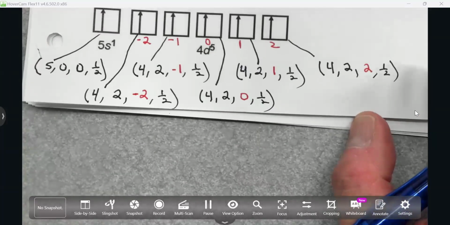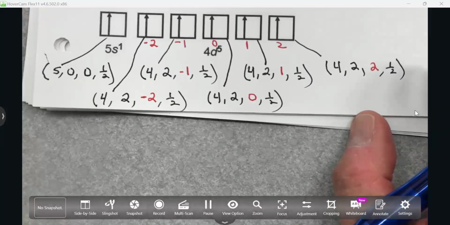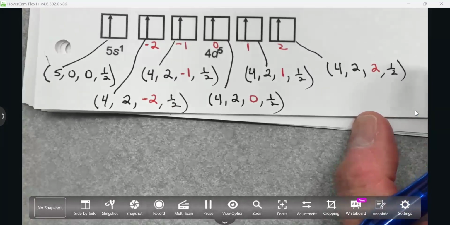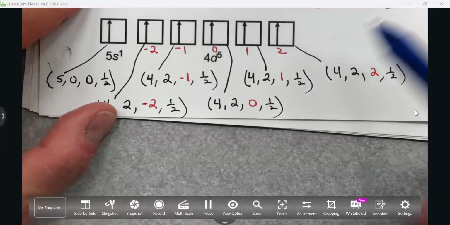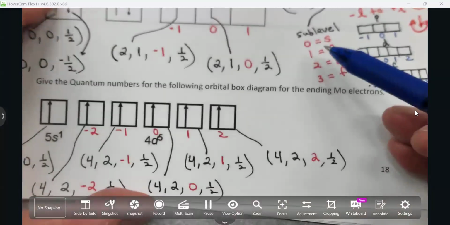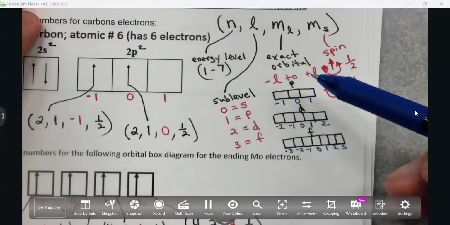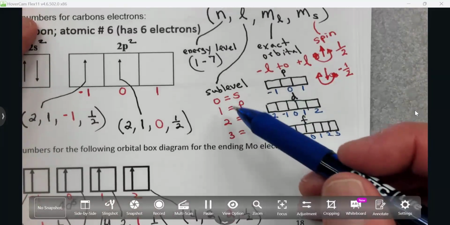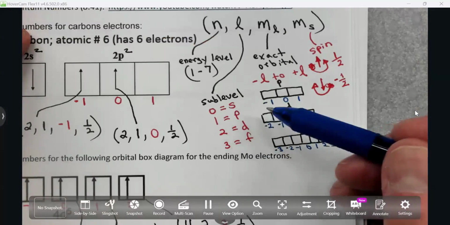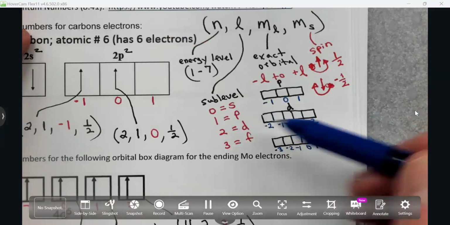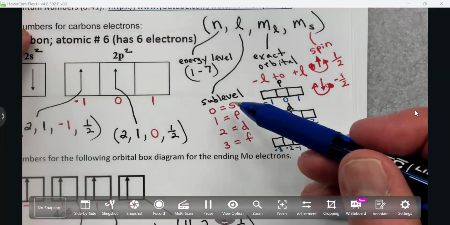Quantum numbers sound complicated. How do we do this? All right. So again, first number tells you the level, 1 through 7. Second number is locked in, 0 for an S, 1 for P, 2 for D, 3 for F. The third number tells you the exact orbital. So once you know the second number, you just have to number them from the negative to the positive, except for S, you can just skip, right?